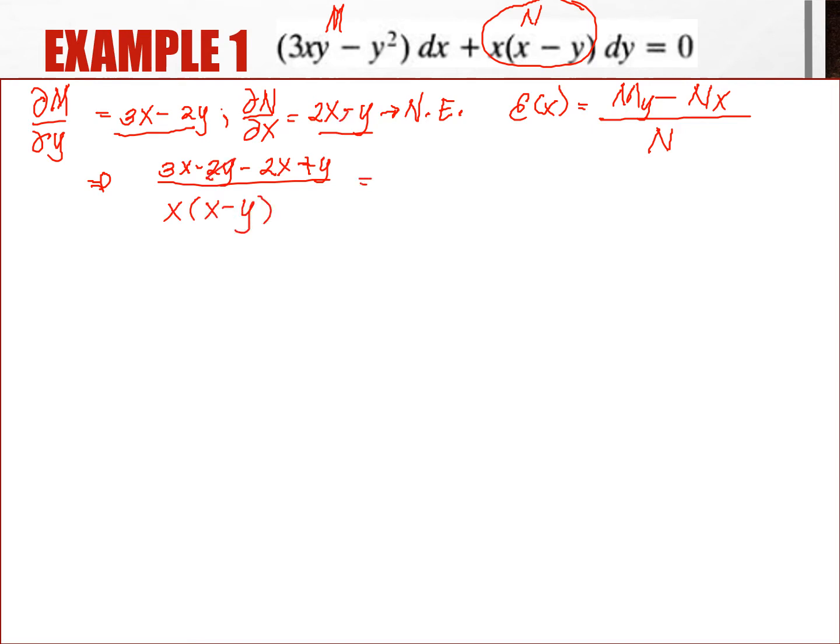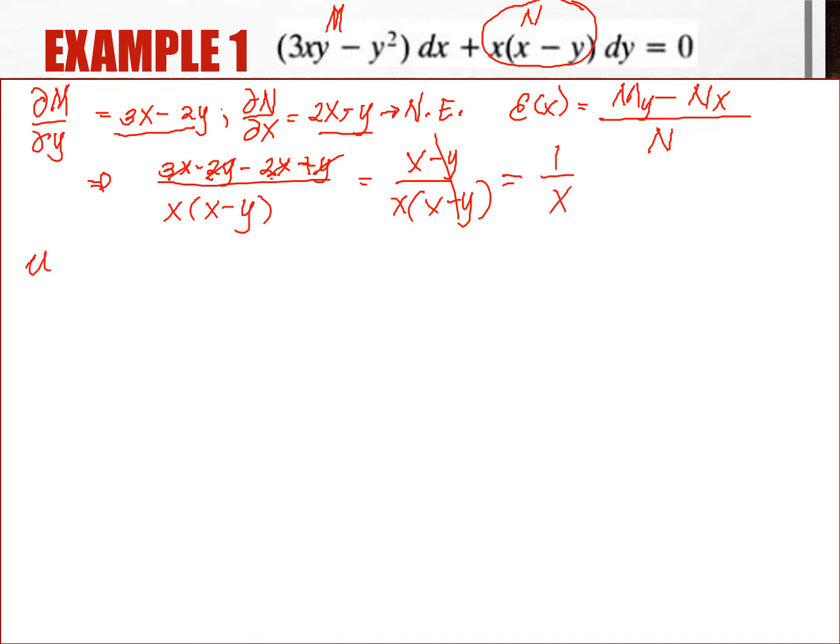This becomes (x minus y) over x(x minus y). Therefore, your epsilon(x) is 1 over x.